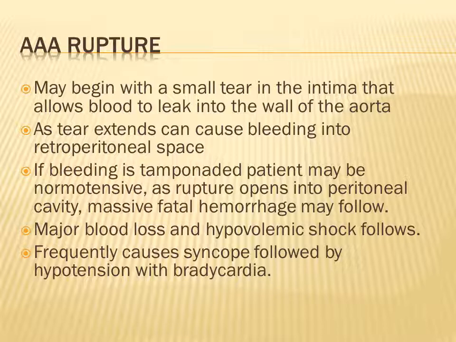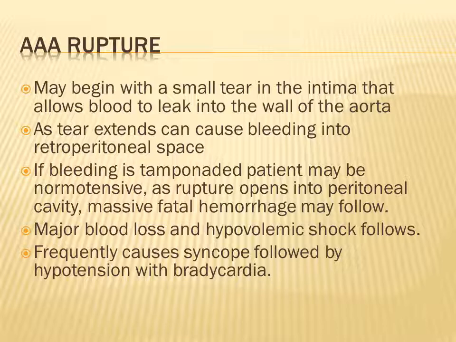As blood loss occurs, you can imagine all the blood that's being pumped through the lower portion of the body is going out of a defect in the wall, which is the aneurysm of the abdominal aorta, and the patient develops hypovolemic shock. It is frequently a cause of syncope, and this is a key point to remember: syncope followed by hypotension with bradycardia.